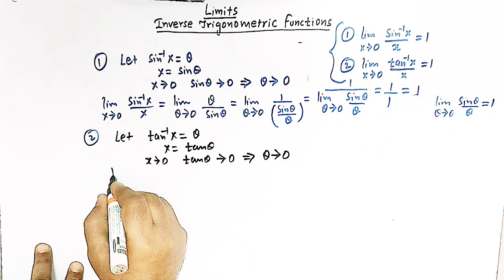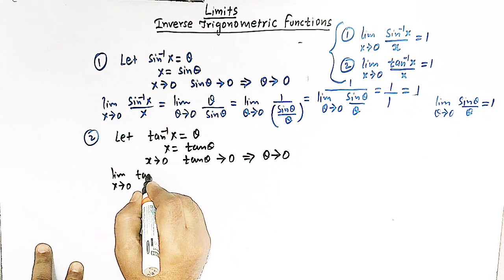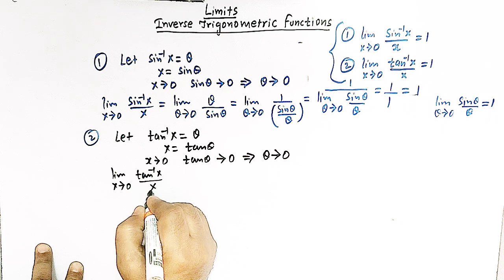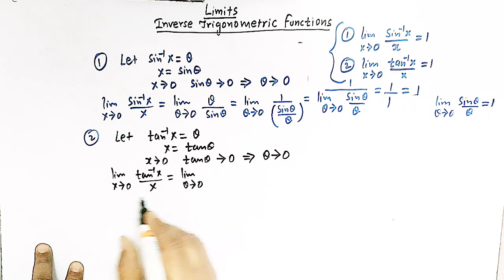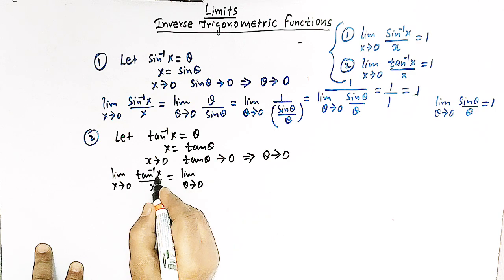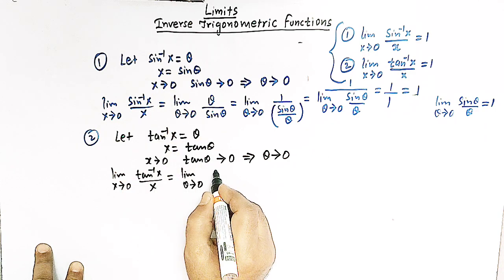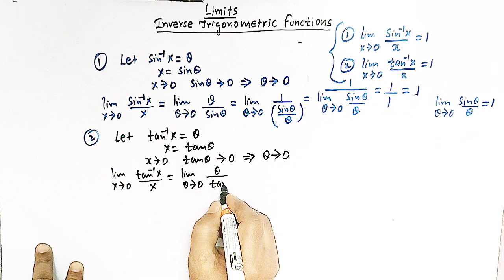Now the limit as x tends to 0 of tan inverse x over x takes this form in terms of theta. Here we have theta tending to 0, and for tan inverse x we can now write theta, and for x we have tan theta.